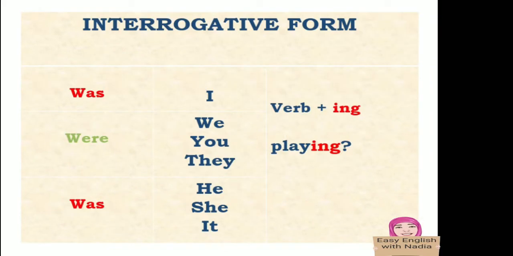The past continuous in the interrogative form: was plus I plus verb plus ing. Were plus we or you or they plus verb plus ing. Was plus he or she or it plus verb plus ing.